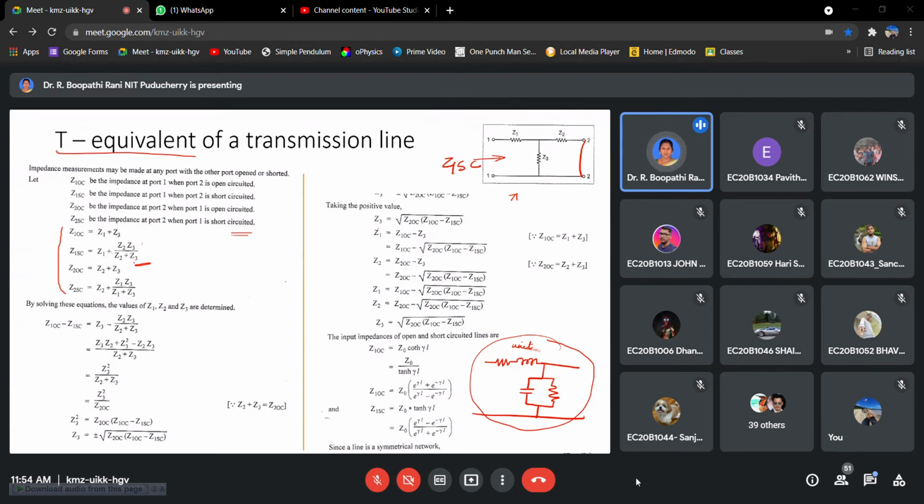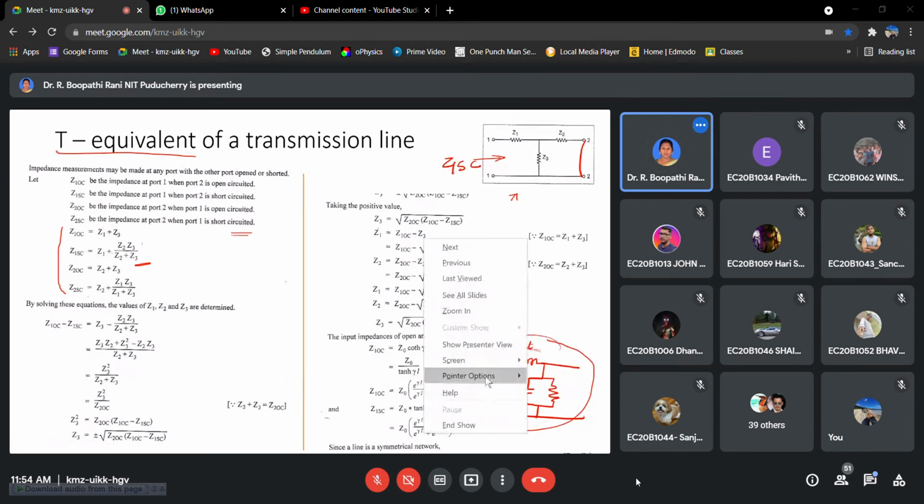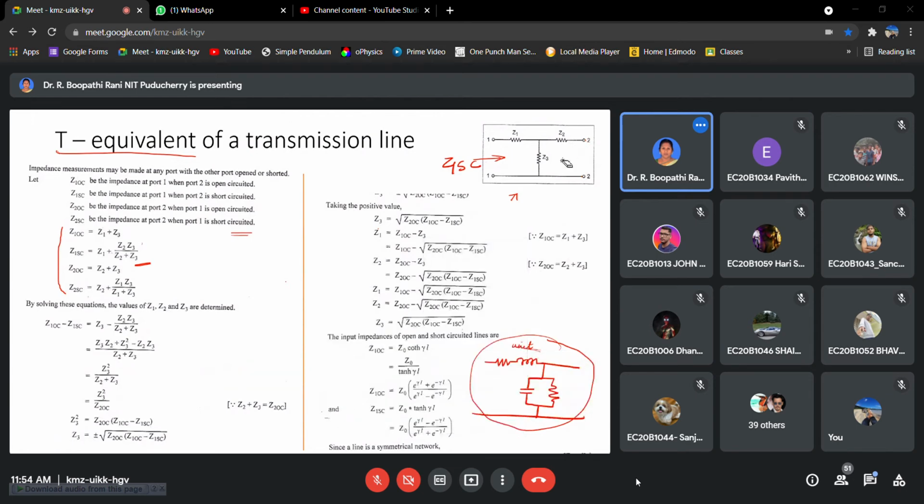Similarly, we need to write for Z2 OC and Z2 SC by considering port 1 as open circuited or short circuited. The same process we repeat. Instead of measuring here, we measure here.